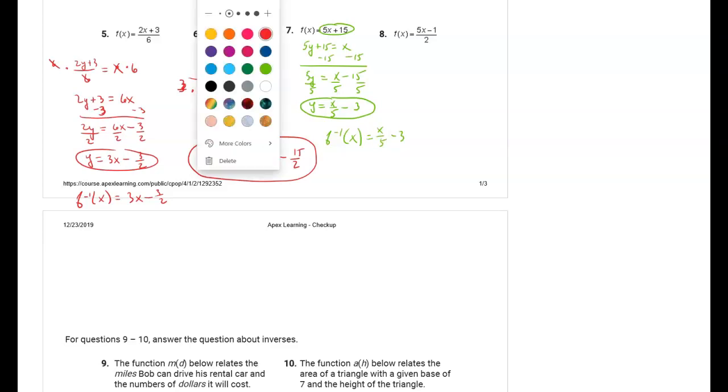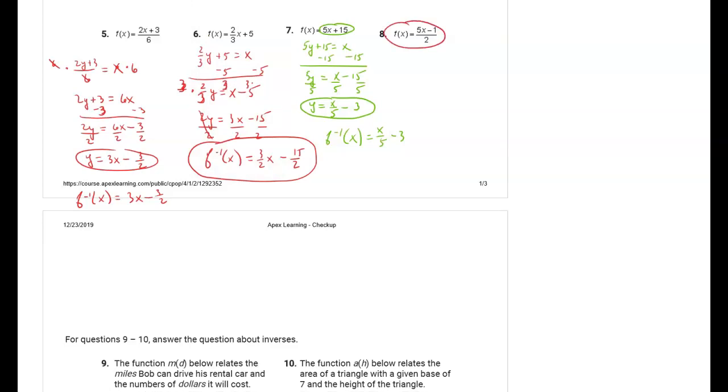All right, over here, if I look, I'm going to do (5y minus 1) over 2 equals x. Now to solve for y here, first thing I'm going to do, multiply by 2. 5y minus 1 equals 2x. Now, add 1 to both sides, 5y equals 2x plus 1.